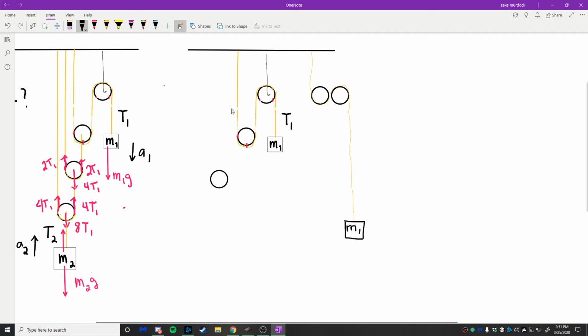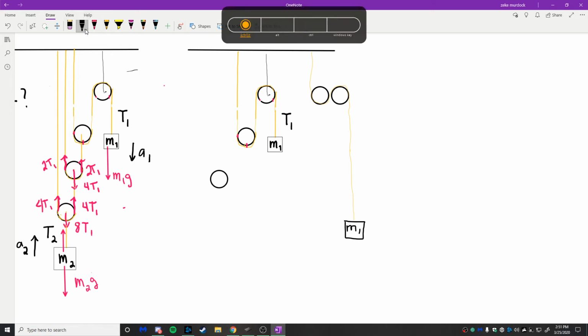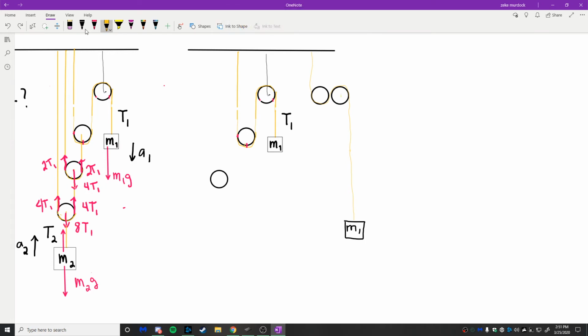It's easy to do. Okay, so what happens here now is that, I'll start writing now because it's easier to do the rest of this with pen. Oh, whoops. We need one more line here. This guy is still connected to the ceiling. Okay.